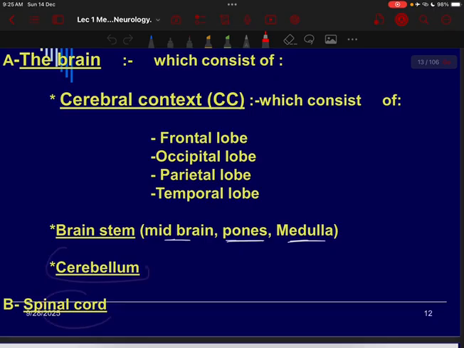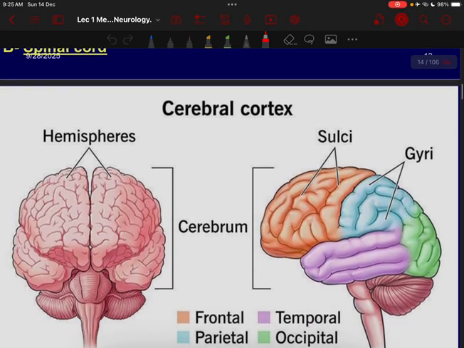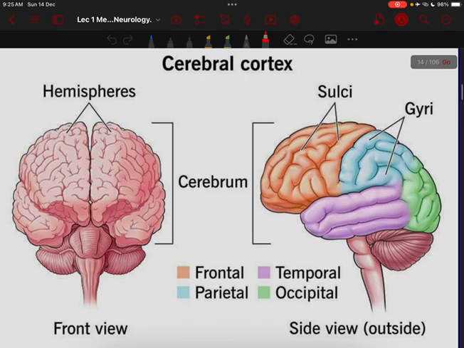So this is the shape of the central nervous system. This is the cerebral cortex with its 4 lobes. The frontal lobe, and at the back, the occipital lobe.